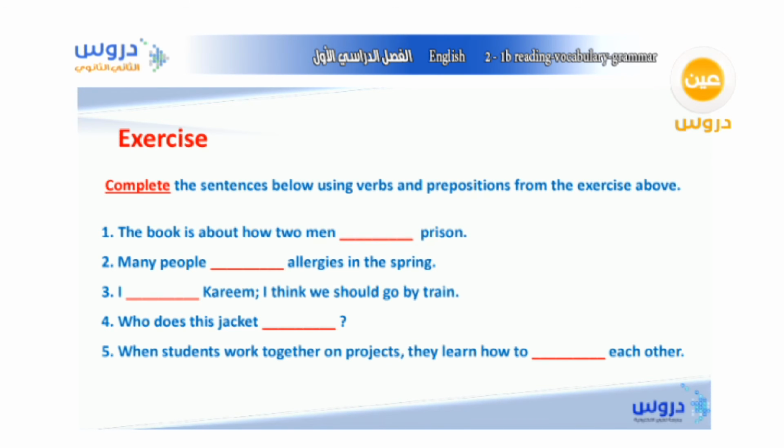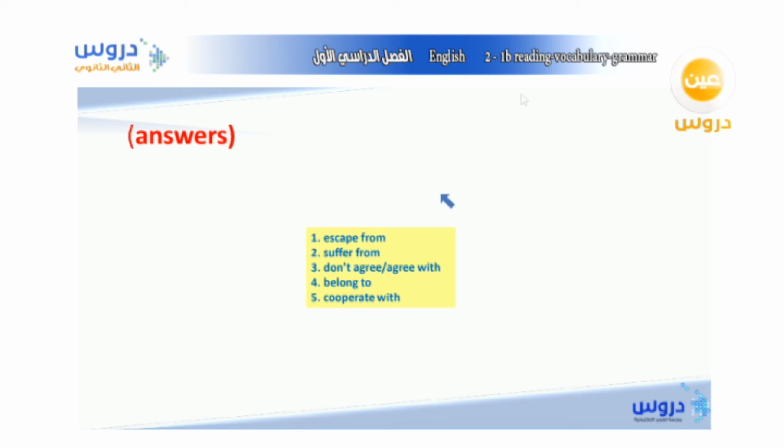So the verb is cooperate, and also most of the time it is followed by the preposition with. Cooperate with each other. So let's check what we did. The first one is about a book about two men who escape from prison, and many people in spring suffer from allergies, and you agree or you don't agree with someone about going by train.